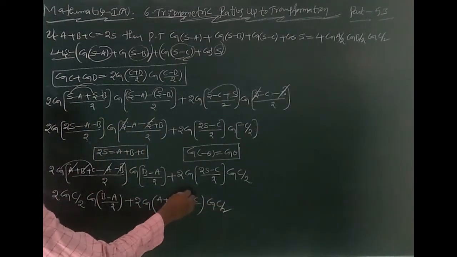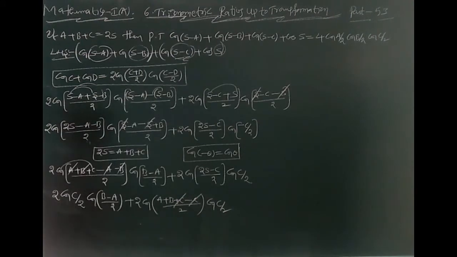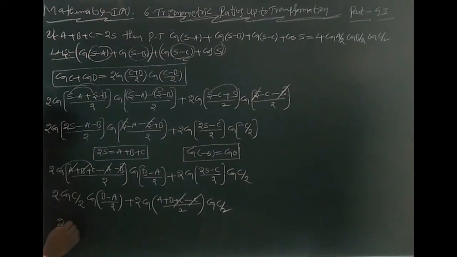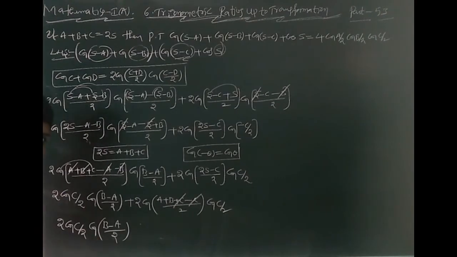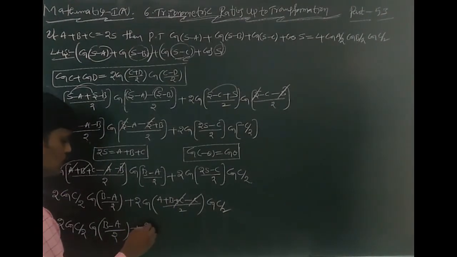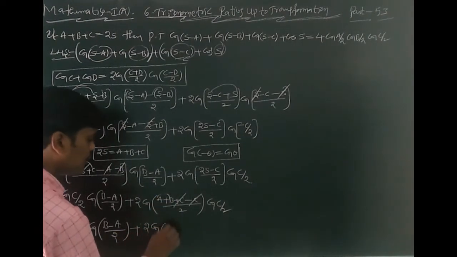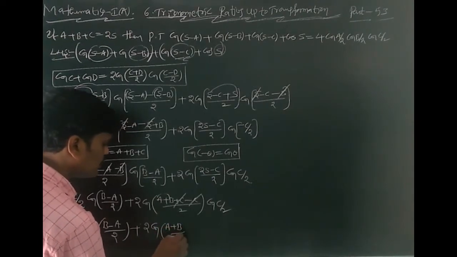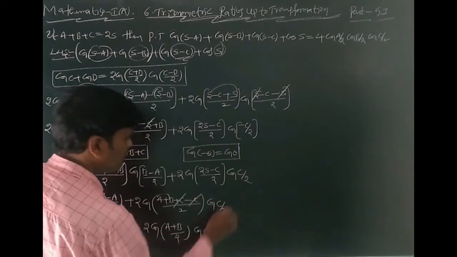Here plus c minus c gets cancelled. Remaining is 2 cos c by 2 cos of (b minus a) by 2, plus 2 cos of (a plus b) by 2 into cos c by 2.